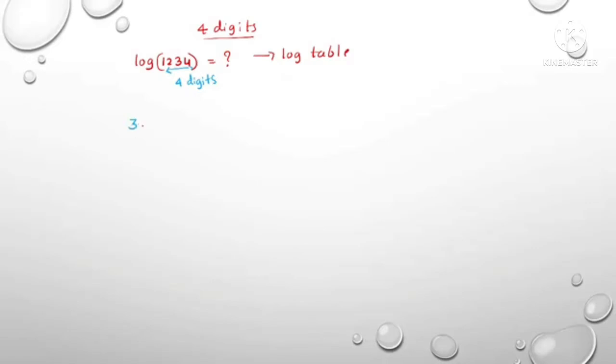Right? I am going to write 3 point. This is called the characteristic. There are 4 digits, 4 minus 1 is 3.